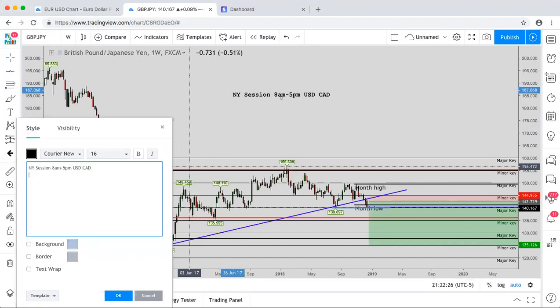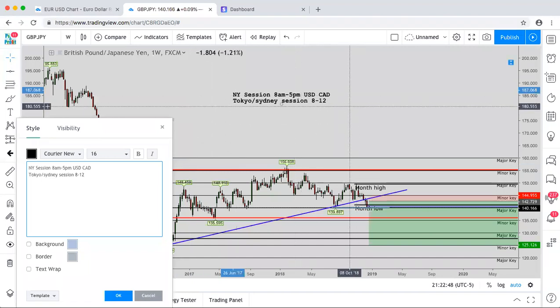Next, we have the Tokyo session, which is Tokyo and Sydney session, really. Tokyo and Sydney starts around 6, 7, but really you get the movement around 7 to 8 p.m. until around midnight, which is when you're going to see most of the movement during the Tokyo and Sydney sessions.